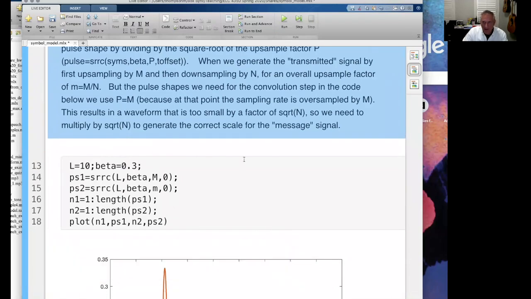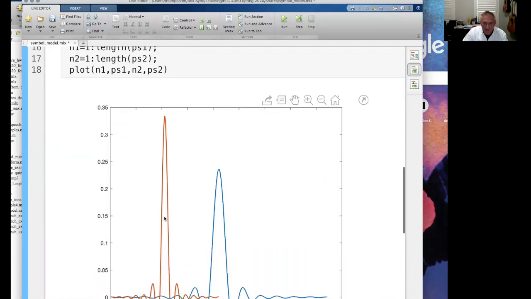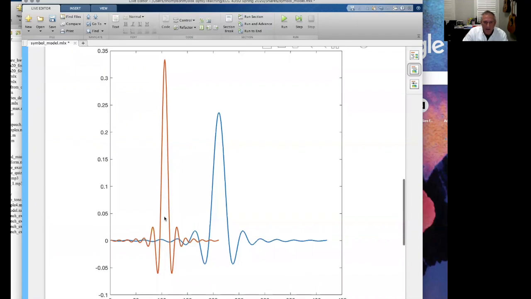I have a plot of that, and I wanted to show it to you. If you take a specific example, we make pulse shapes with an upsample factor of capital M equal to 21, and then we make another pulse with an upsample factor of 10.5. You should know that because they're sampled at different rates, they're going to be different lengths. If you plot these in MATLAB, you get this.